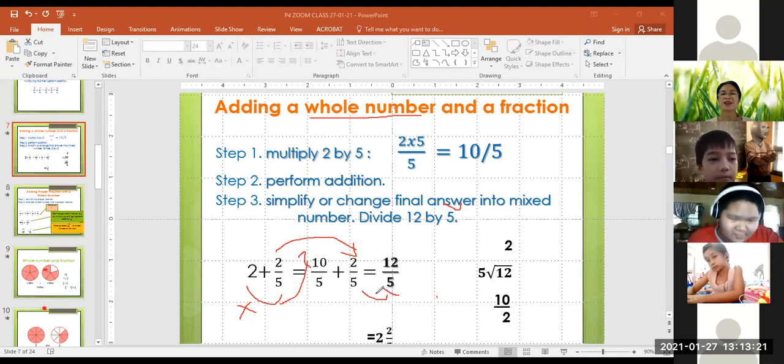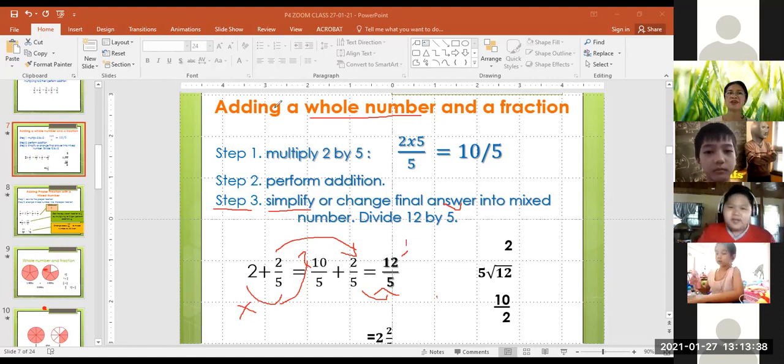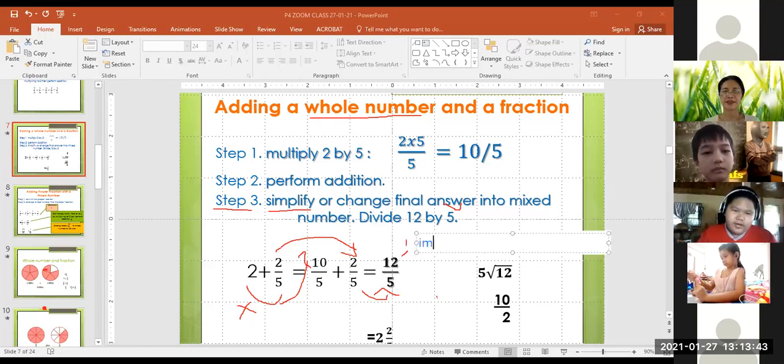Now step number 3, you're going to simplify or make the answer simple. So this is now your improper fraction. I'm going to write it there, improper fraction.